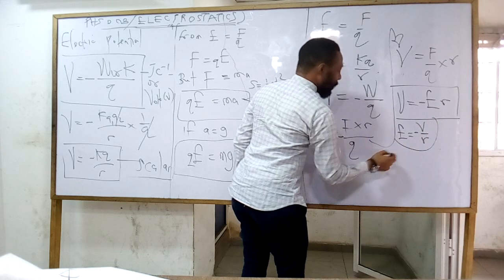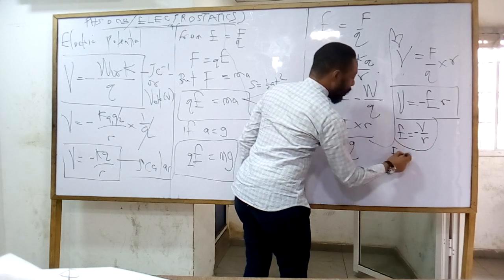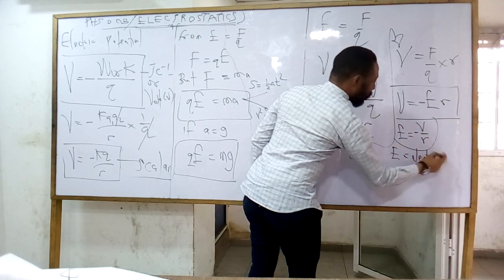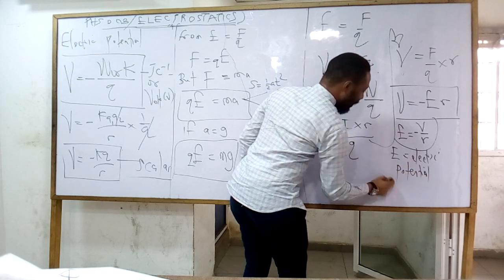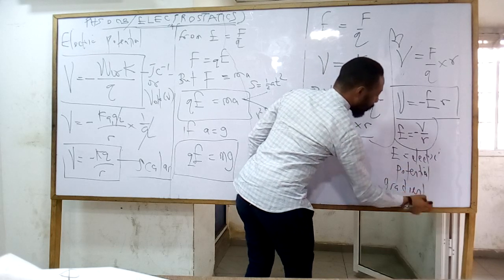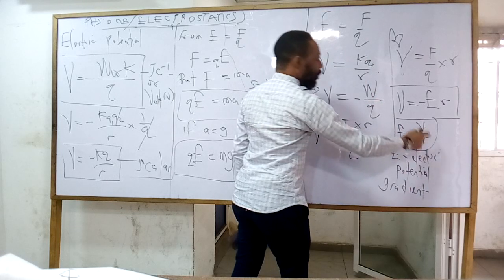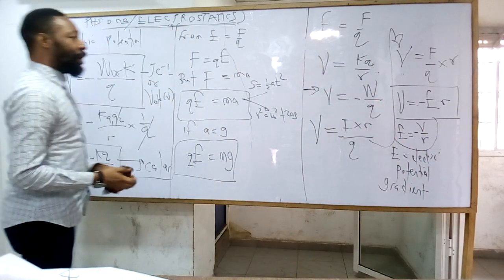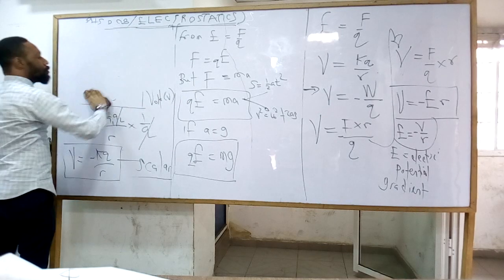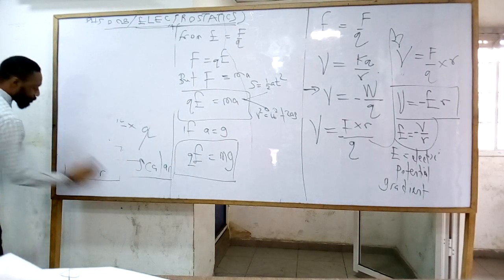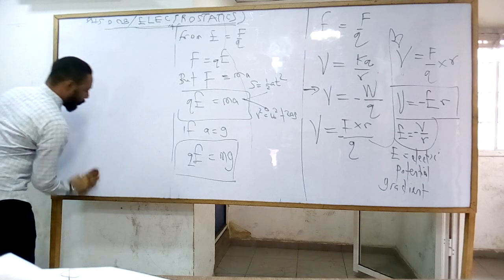And from here, I can say my E is the electric potential gradient, because it's the ratio of electric potential to distance. That R will also be T, depending on the textbook or the examiner.